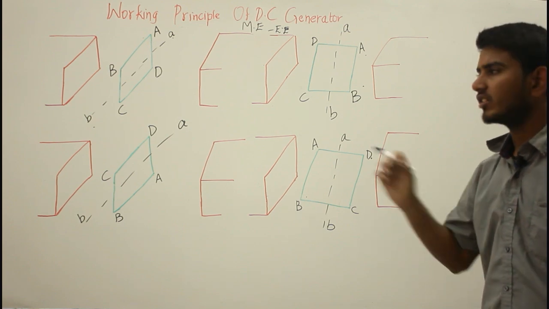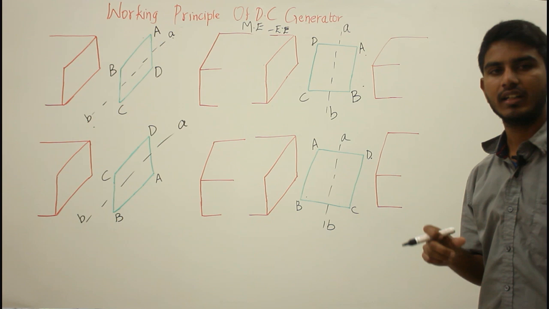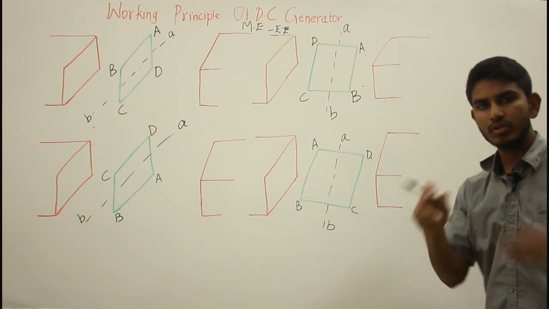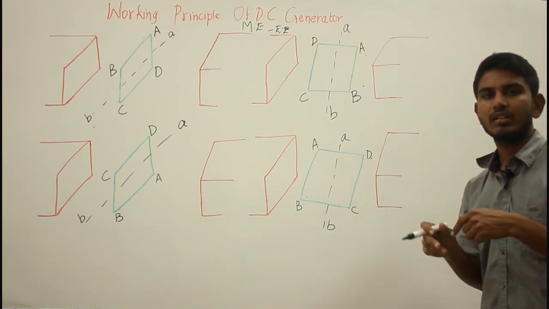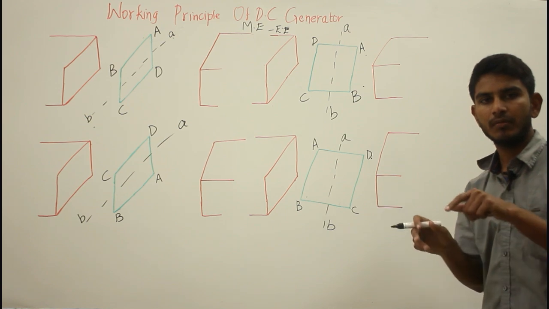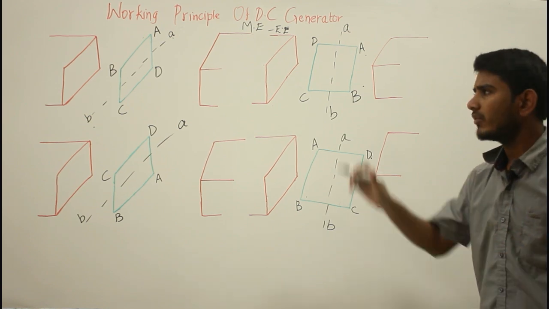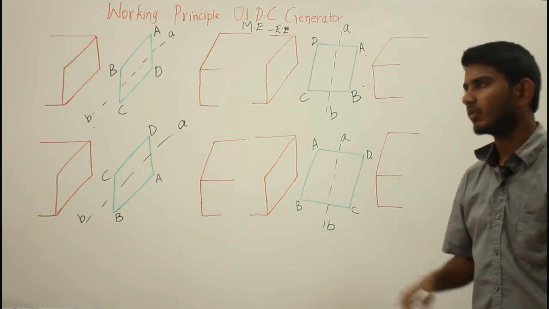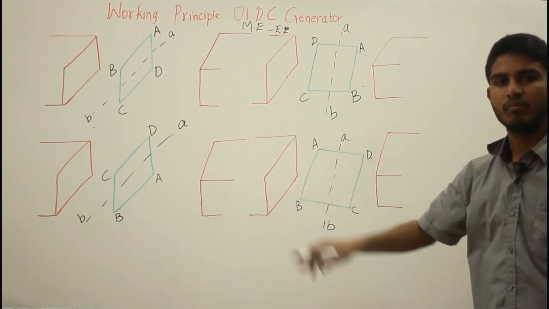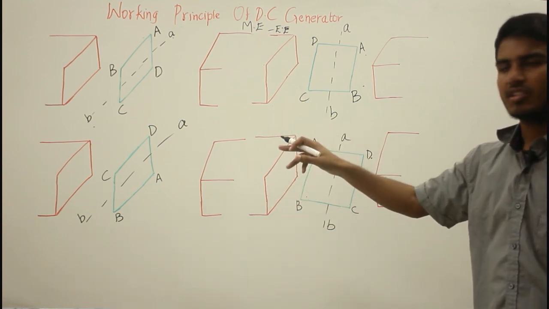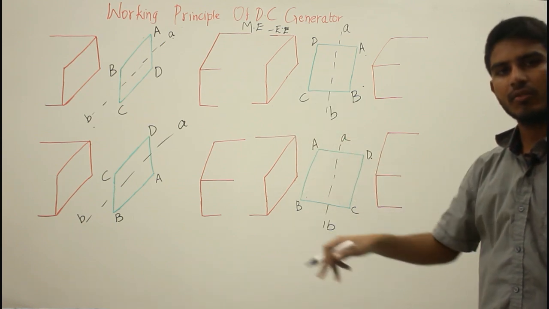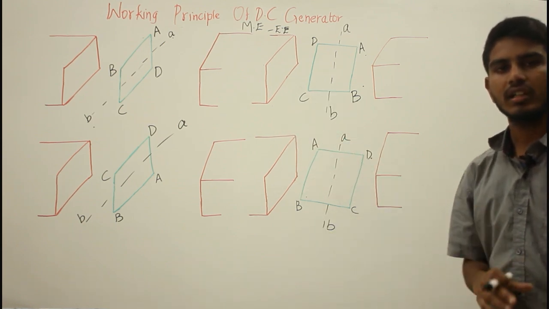Then there will be an induced EMF in the conductor, and if the conductor is a closed loop, this loop helps circulate current in it. The magnitude of the induced EMF depends on the rate of flux cutting across the conductors.